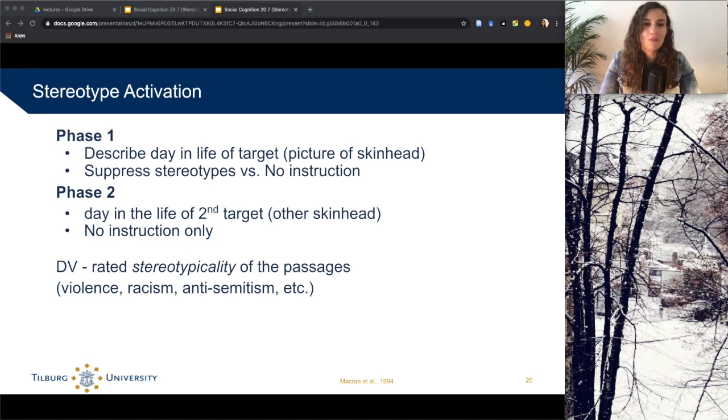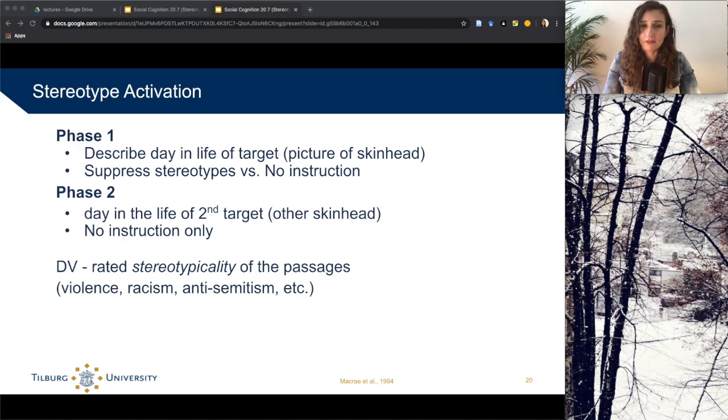And then the dependent variable was how stereotypical the passages that participants had produced were on things like violence, racism, anti-Semitism, and other stereotypically associated attributes with skinheads.